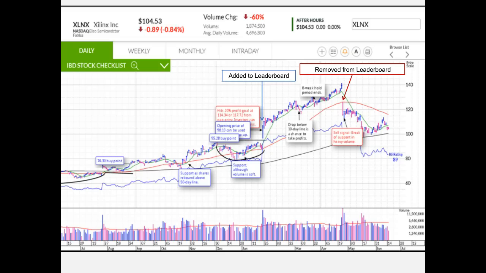People may not be familiar with what the leaderboard chart looks like. You walk us through the blue and the red and the gray. What does this mean? Okay, so up days are in blue, and each up day corresponds with a volume bar at the bottom. Down days are in red.